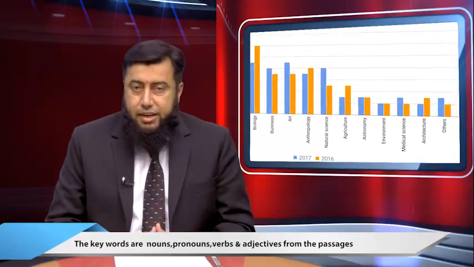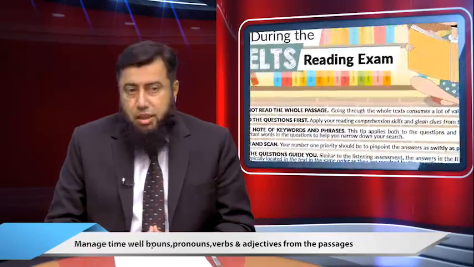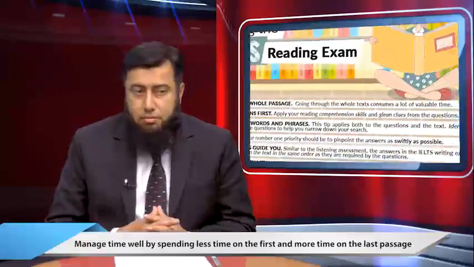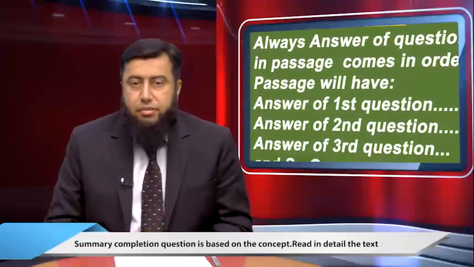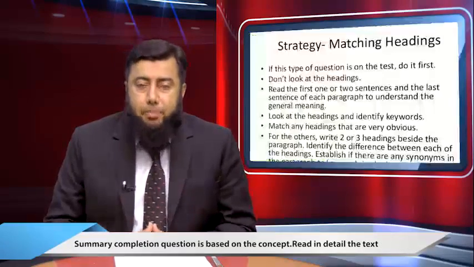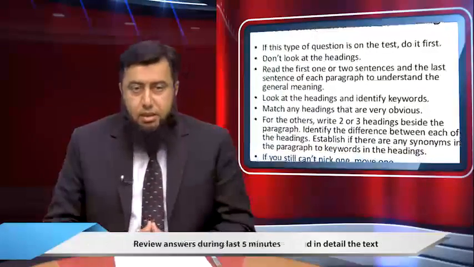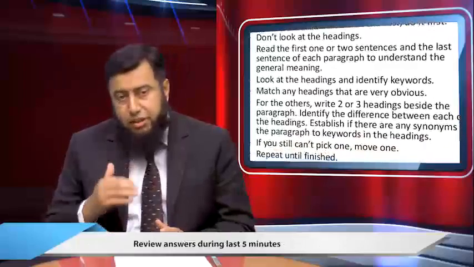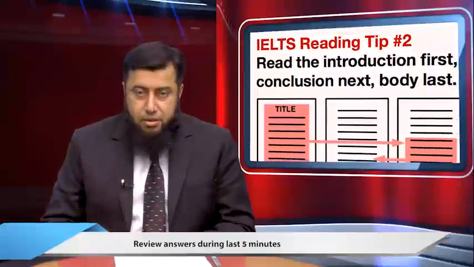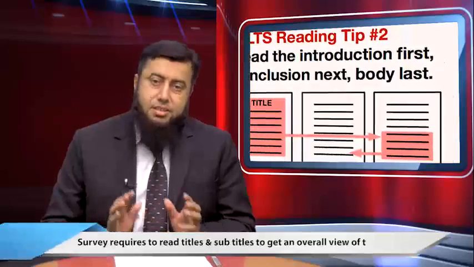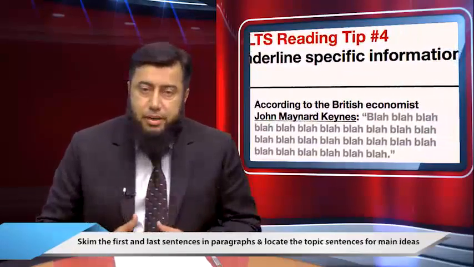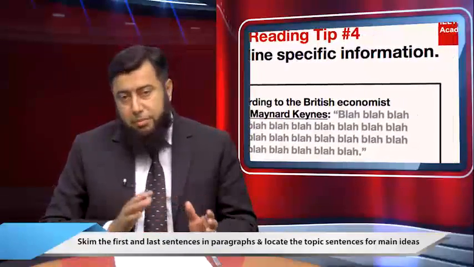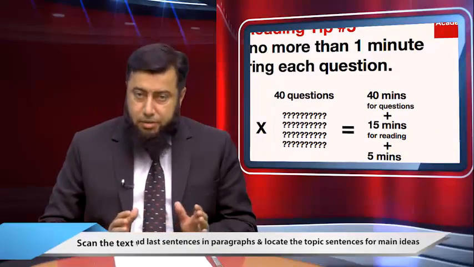As far as matching headings, candidates are supposed to match headings with the given paragraphs. Mostly students read the paragraphs, but the best way of matching headings is skimming. You just skim, know the main idea of the paragraph, and then use the elimination method.